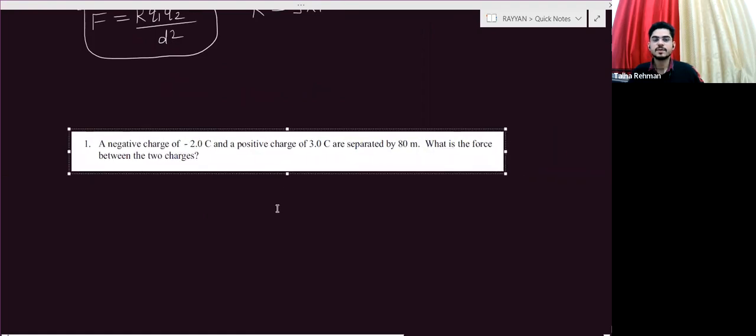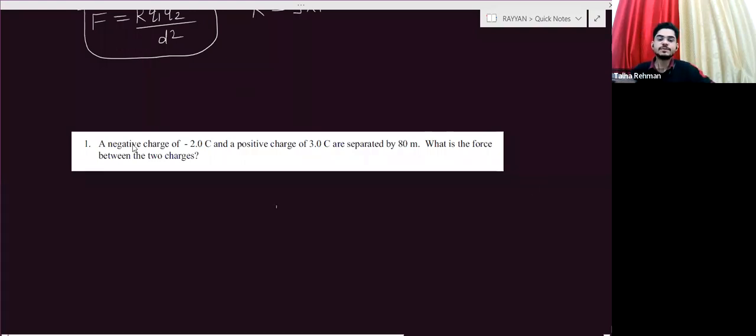This is the first question. First, what you will decide is whether the charges will attract each other or repel each other. See this question.